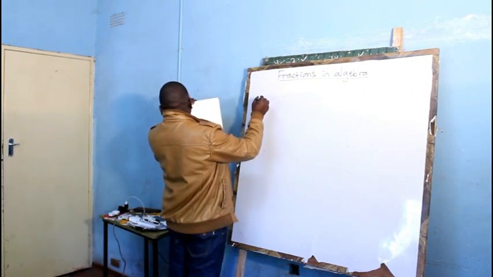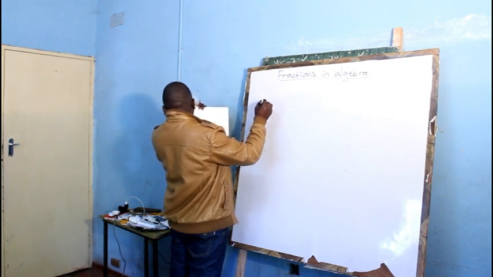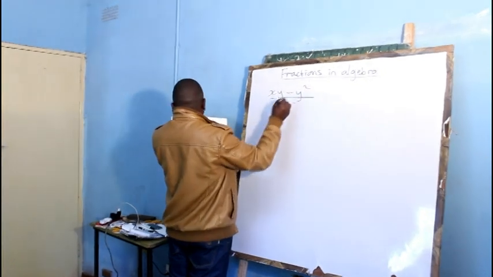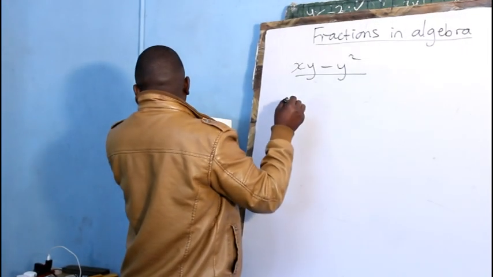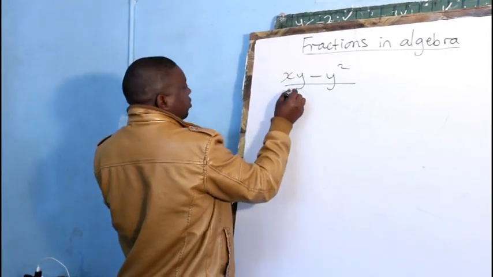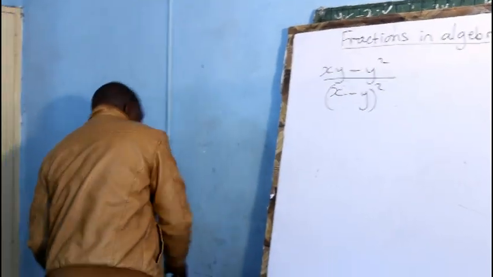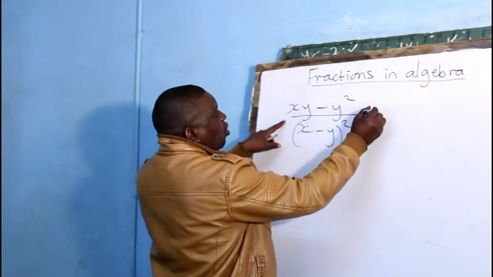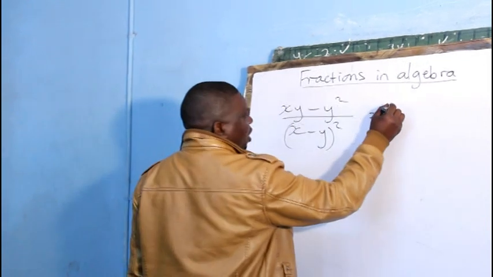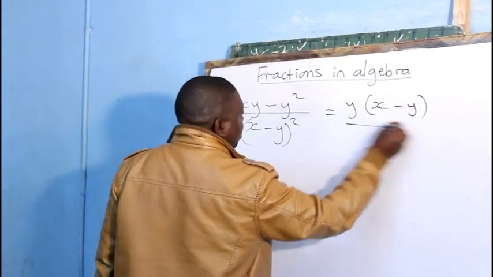Let's go to xy minus y squared over x minus y in bracket squared. On top, what is the common factor? y, so y in brackets x minus y.